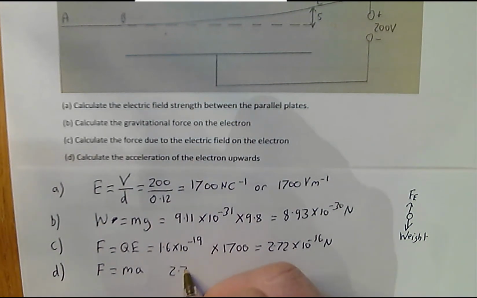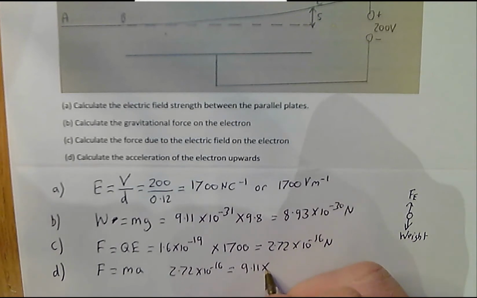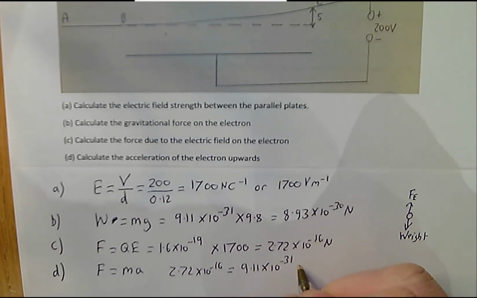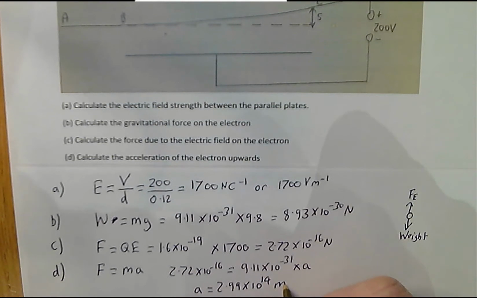So 2.72 times 10 to the minus 16 will be our unbalanced force, equal to the mass of the electron, 9.11 times 10 to the minus 31, times the acceleration. So the acceleration ends up being 2.99 times 10 to the 14 meters per second squared.